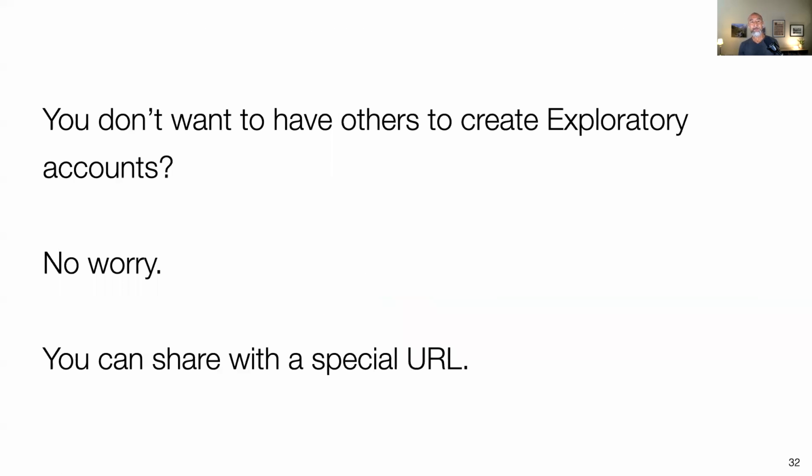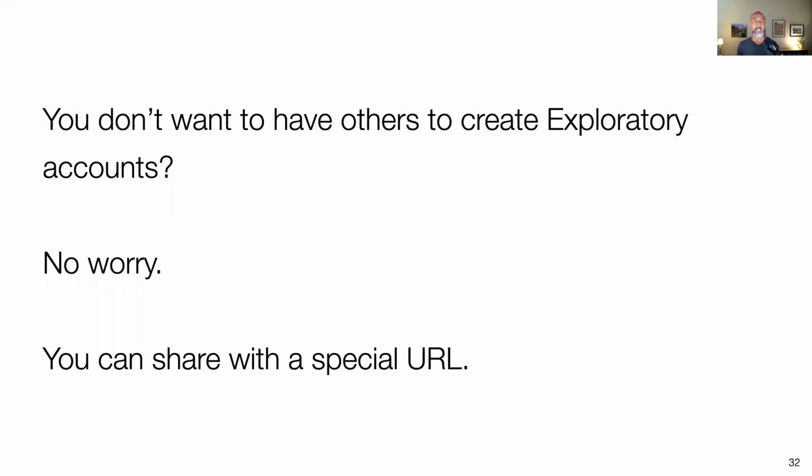Even then, maybe you don't want to have others create Exploratory accounts. Just imagine you're sharing with your senior management folks who don't know Exploratory whatsoever. And you don't really want to ask them to create accounts somewhere that they never even heard of. And it's kind of hard.